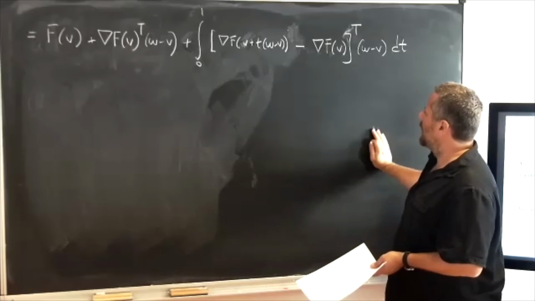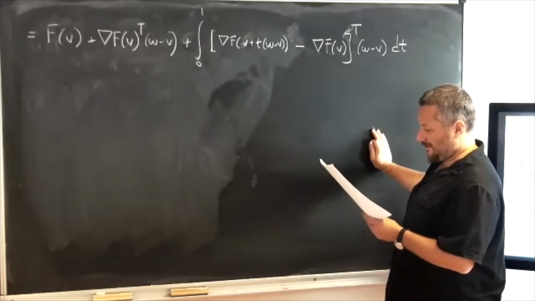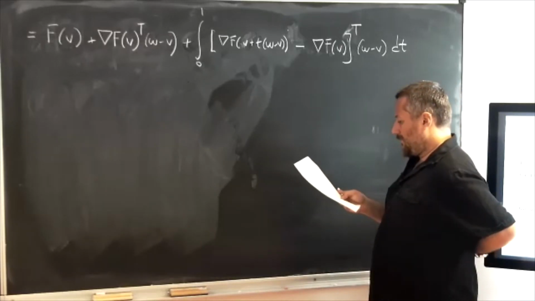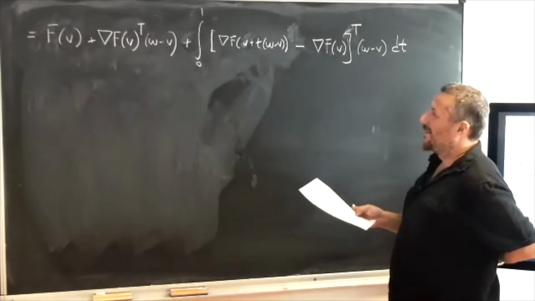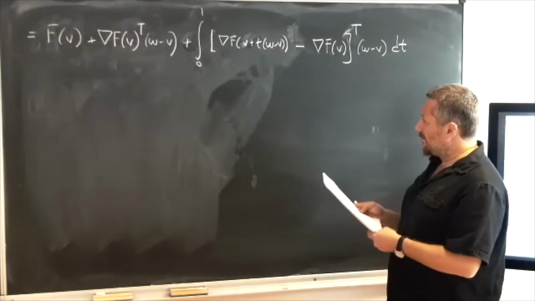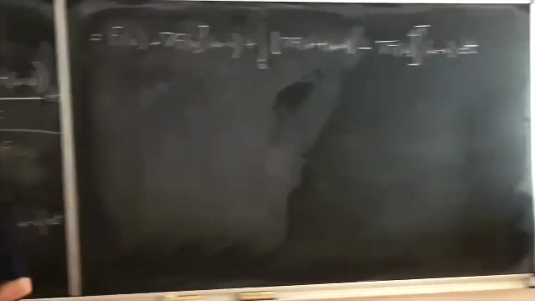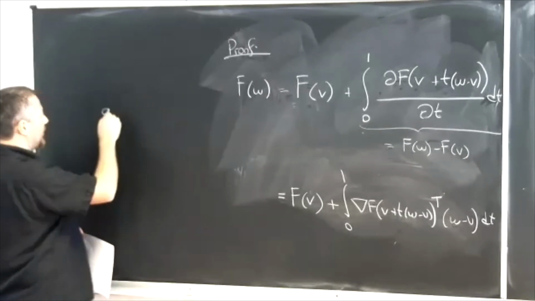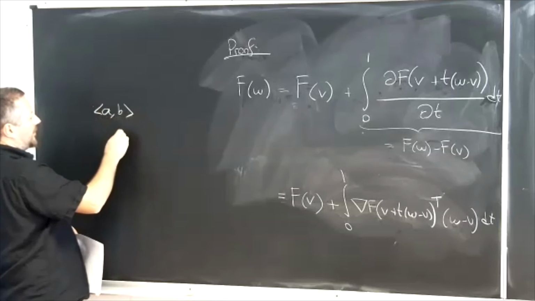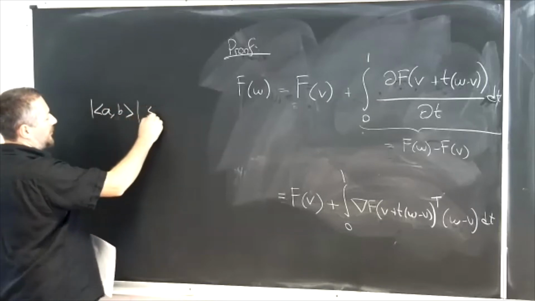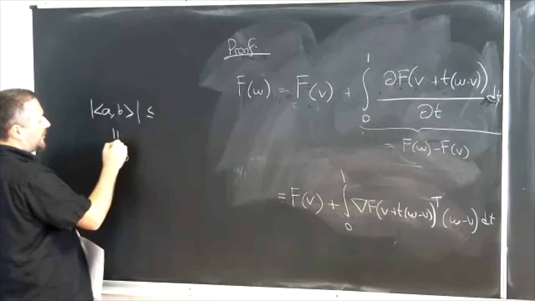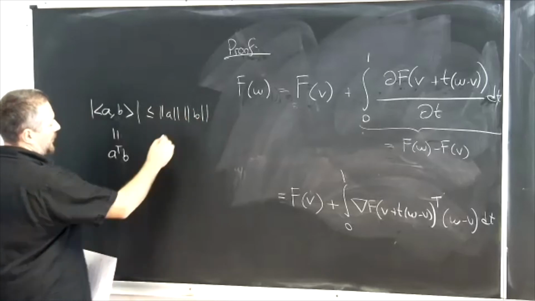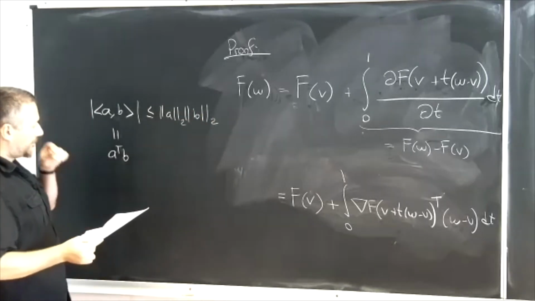But now I'm going to use the Cauchy-Schwarz inequality. I hope I'm not boring you with this, but if you remember, the absolute value of A transpose B is smaller than or equal to the product of their norms.